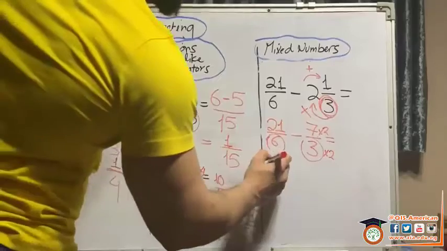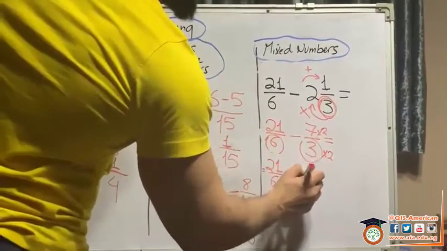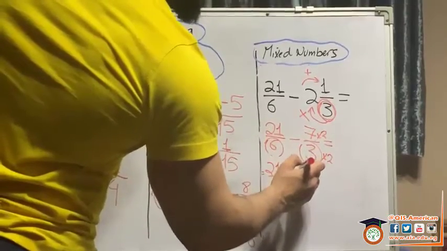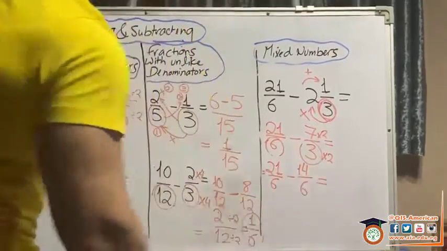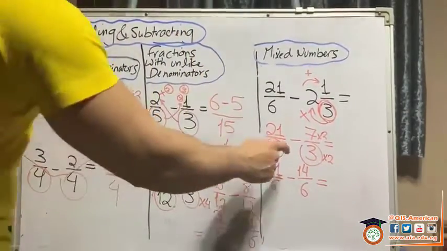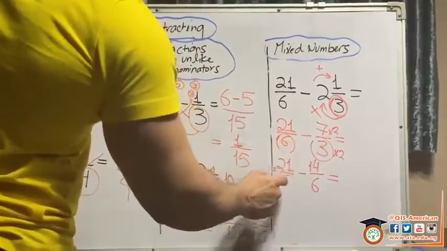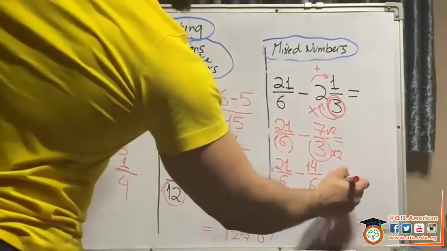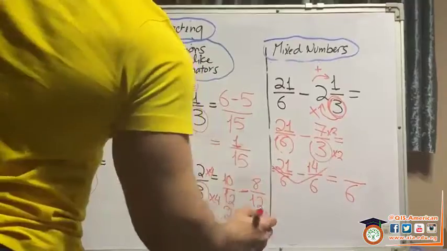Okay, so this one is still gonna stay the same, and this one will become 3 multiplied by 2 is 6, and 7 multiplied by 2 is 14. So now I turned this improper fraction with unlike denominators into improper fractions with like denominators, which means I can keep the denominator as it is and just subtract these numbers.